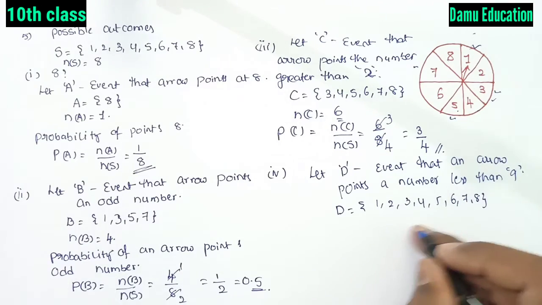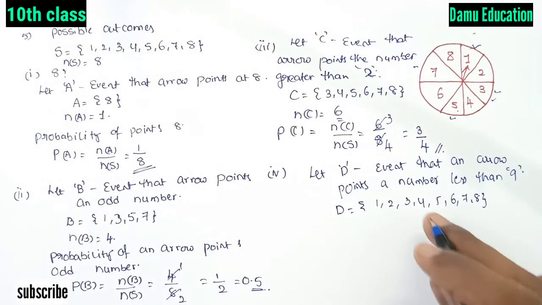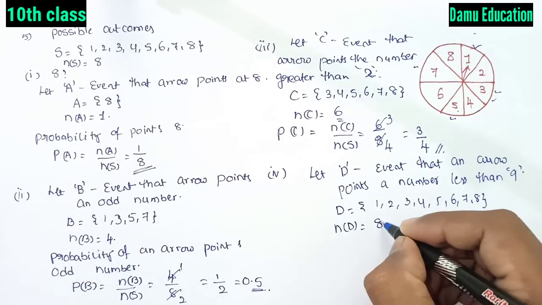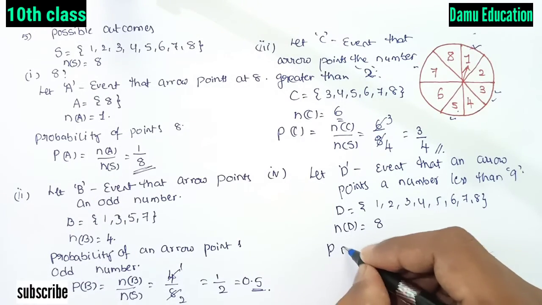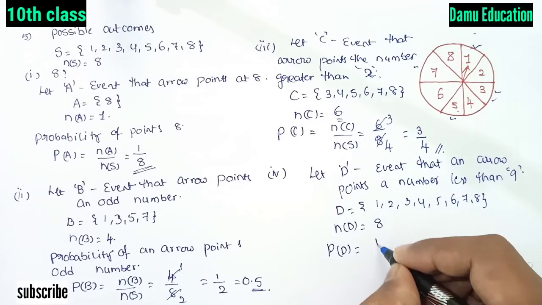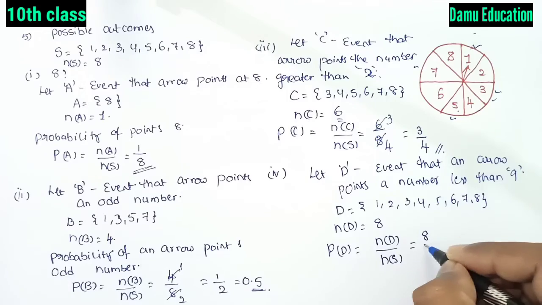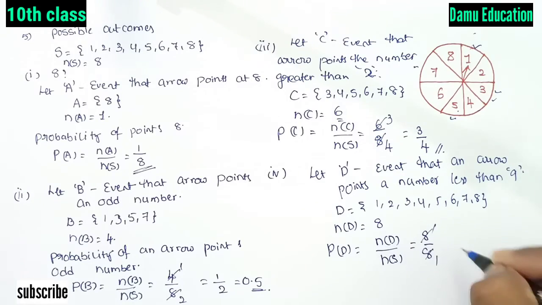So the number of elements is 8. Then the probability of getting a number less than 9 is n of D by n of S. So n of D is 8 and n of S is 8, 8 ones are 8. So 1 is the probability.